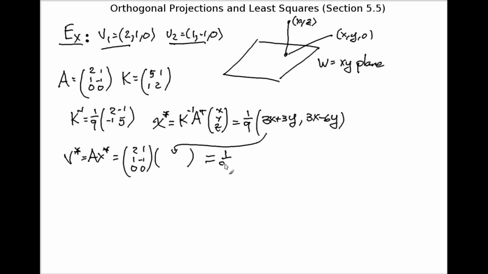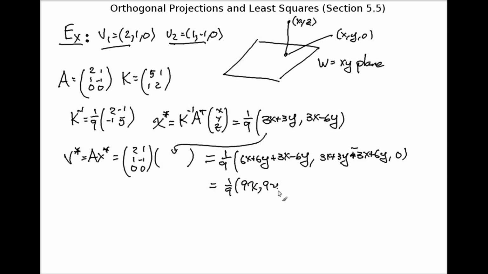And what you get is 1/9, 6x plus 6y plus 3x minus 6y, followed by 3x plus 3y plus 3x, minus 3x plus 6y, 0, which is 1/9, 9x, 9y, 0, which is to say xy, 0. Okay, so again, that's just review. I went through that kind of quickly, but we've done a bunch of these. So now let's go on and look at the new formula.